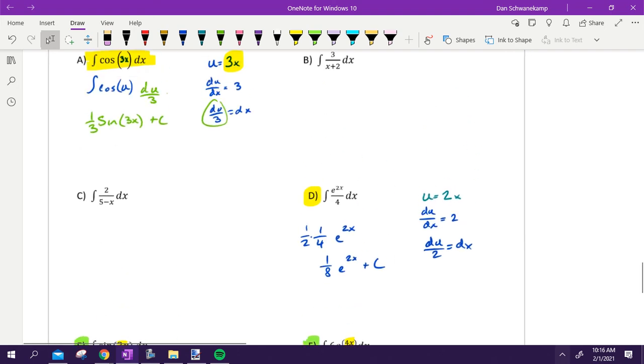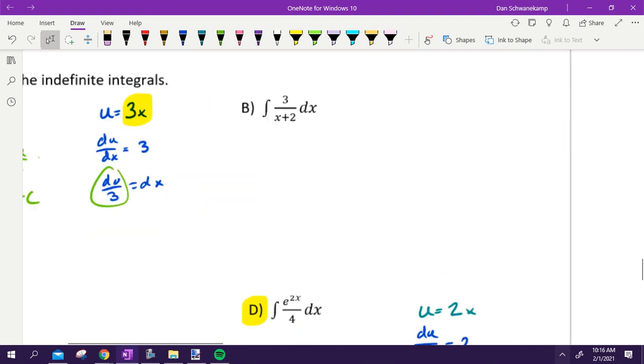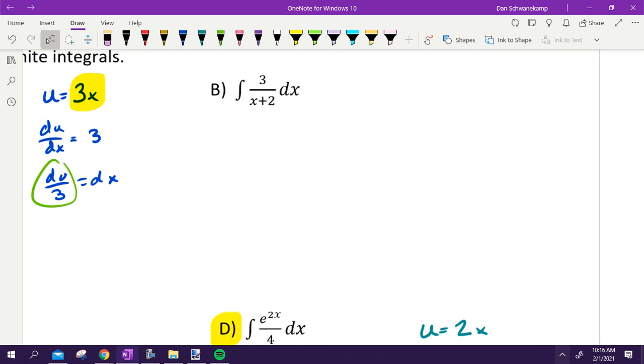Questions on F? We're going back. We're not done yet. Let's look at B, because B is important as well. Let's do it the long way. What would my u be? The bottom, x plus 2. What would the derivative of x plus 2 be? It's just 1. This would just be 1, and we could do this whole thing, du equals dx, and so on.